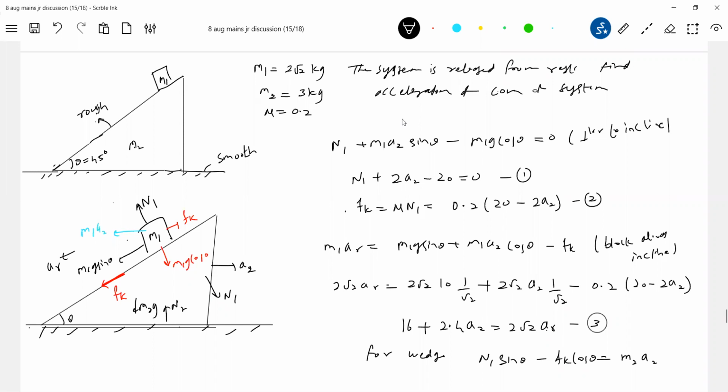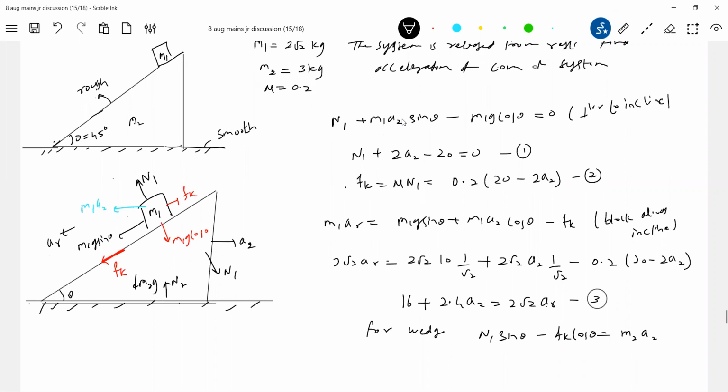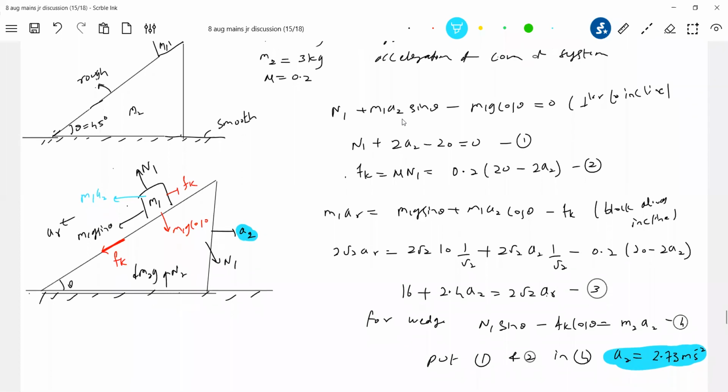Substituting equations 1 and 2 in equation 4, the value of A2 I'm getting is around 2.73 meter per second square. Now this is very important. What is this? The acceleration of the wedge along the x-axis. Okay, now we got it. Once I know A2, can I calculate AR? This is equation 5. Now put 5 in 3, we'll get AR.